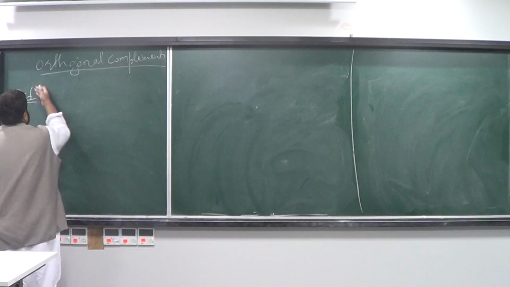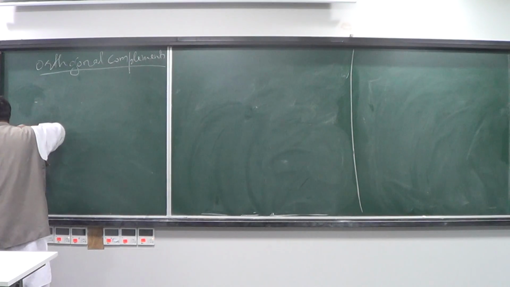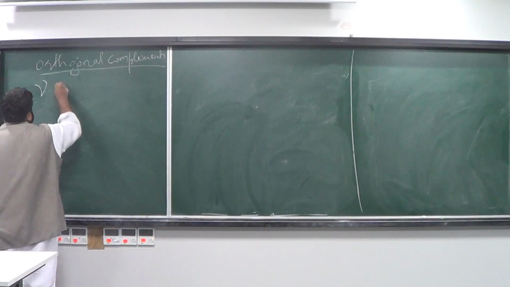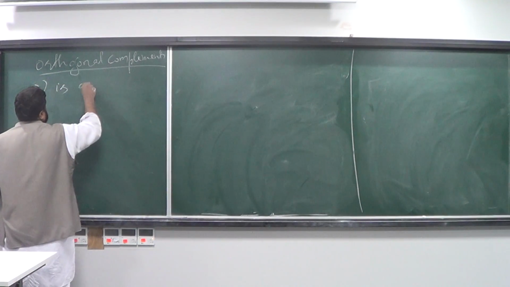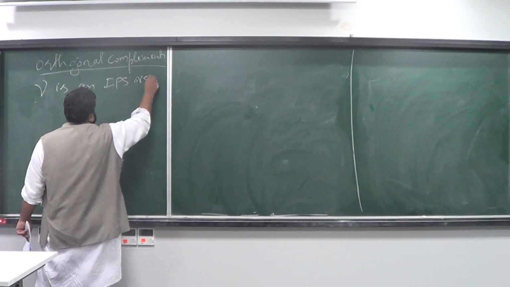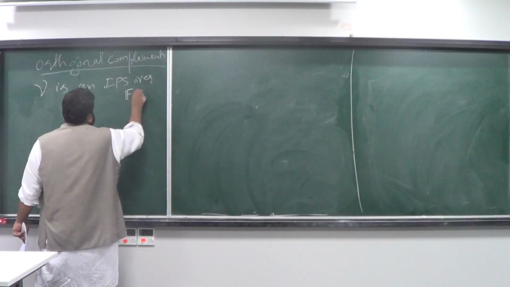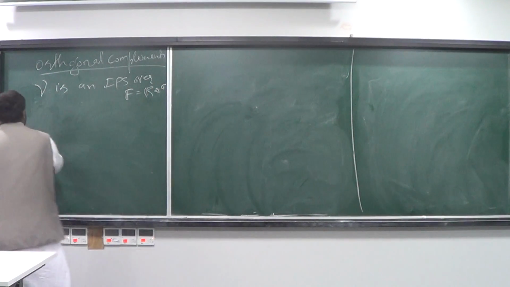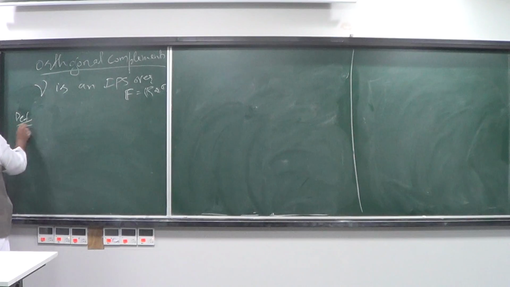So here, throughout the discussion I'm going to assume that calligraphic V is an inner product space over a field F that could be the real numbers or the set of complex numbers. So here's an interesting definition.